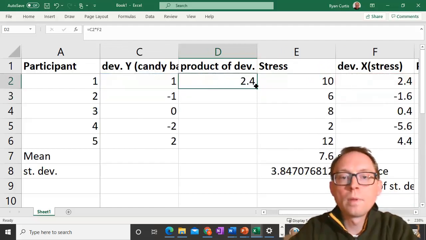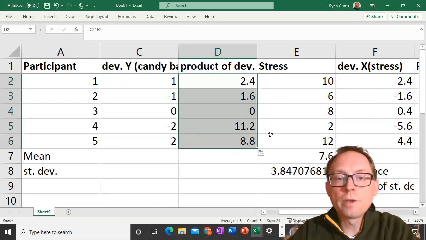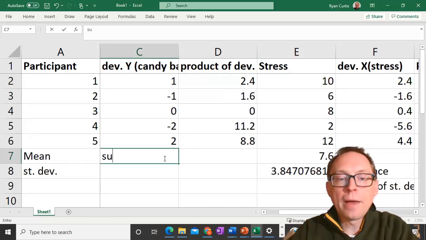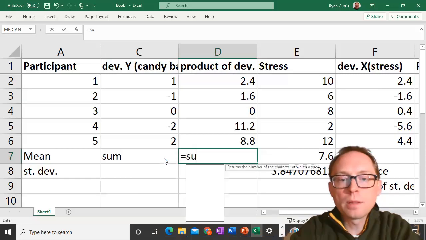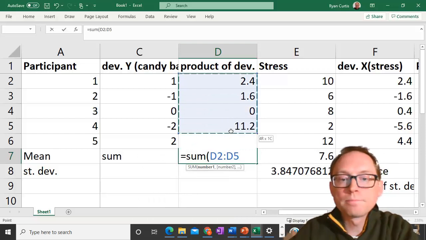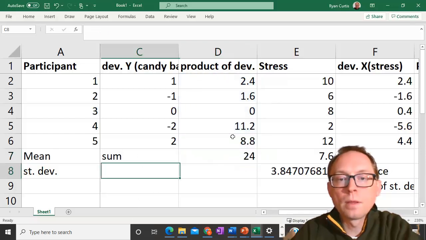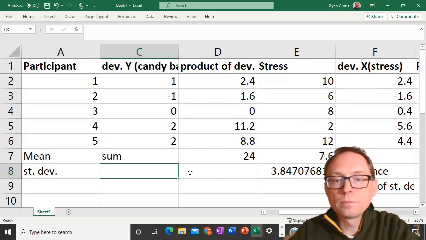And then we do that for each one of the different people, and we add them up. So the sum is going to be 24. We add them all up, we get 24.